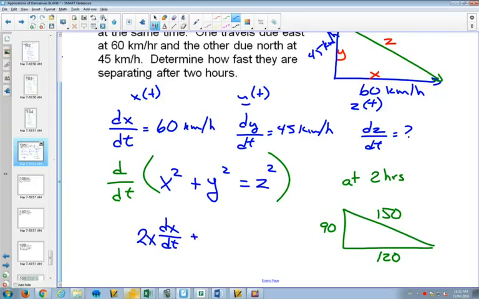When you get to y, that would be 2y dy dt. And when you get to z, that would be 2z dz dt. Do we have all the information that we need to plug things in to find what we want? Yes.